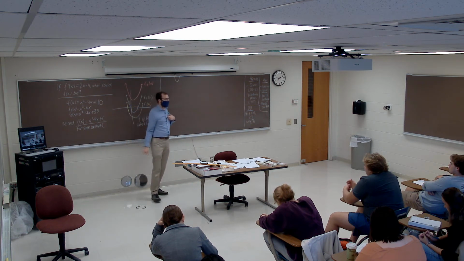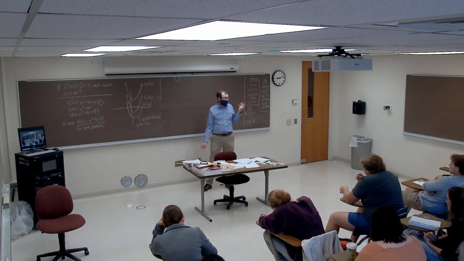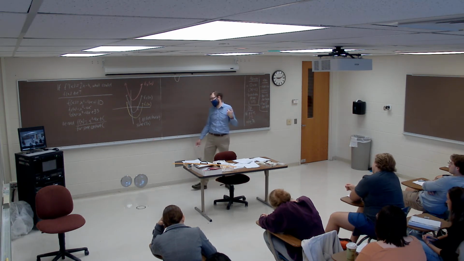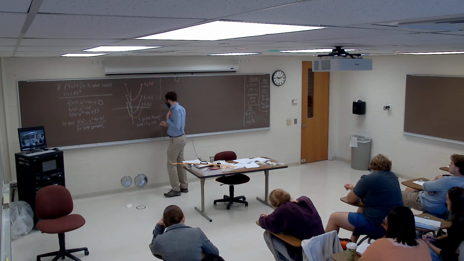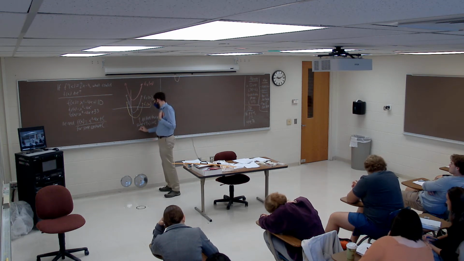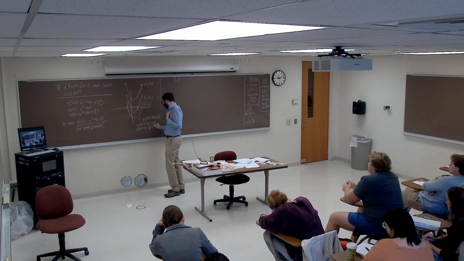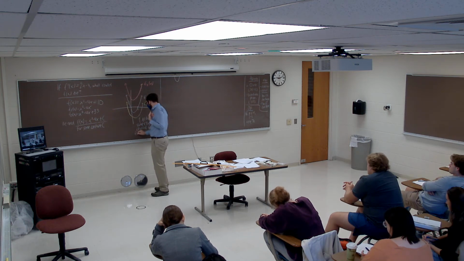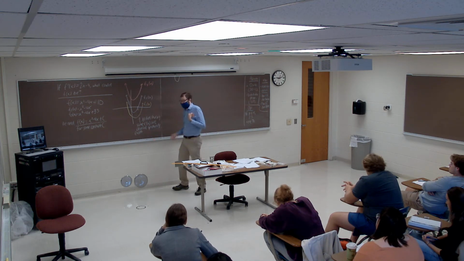Because this value of c at the end is just going to give a constant shift in what the y coordinates of all your points are going to look like. So all functions sharing the same f prime of x are identical graphically, except they've been shifted vertically some amount.